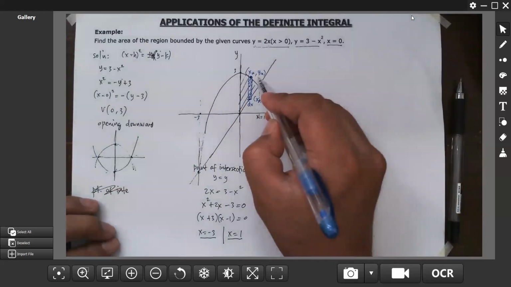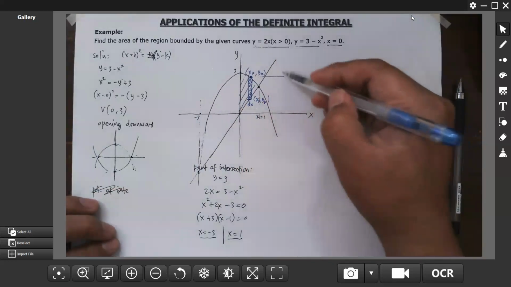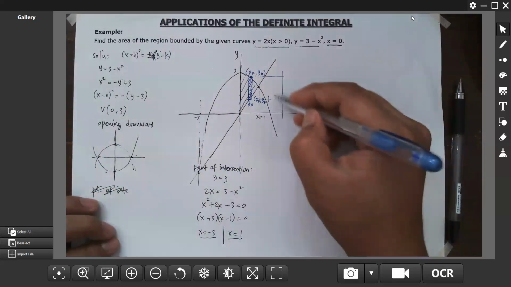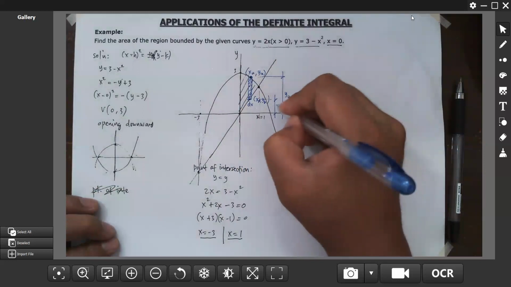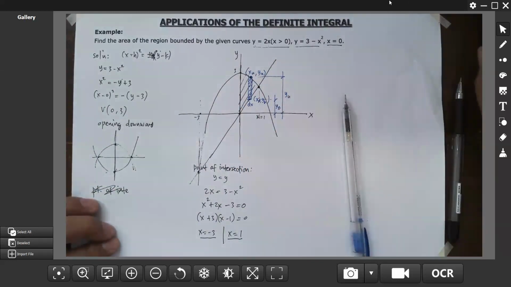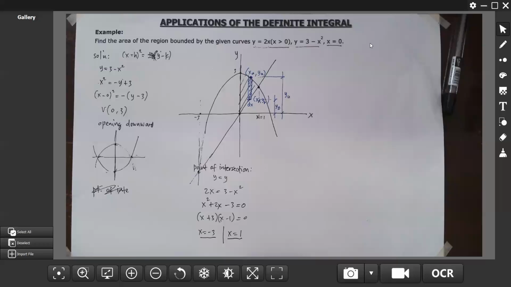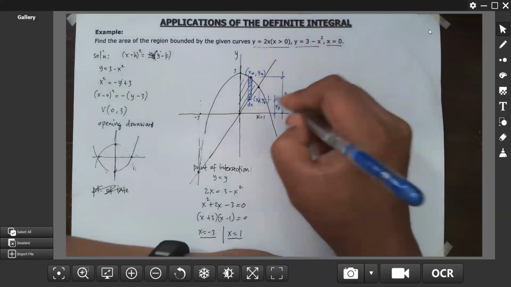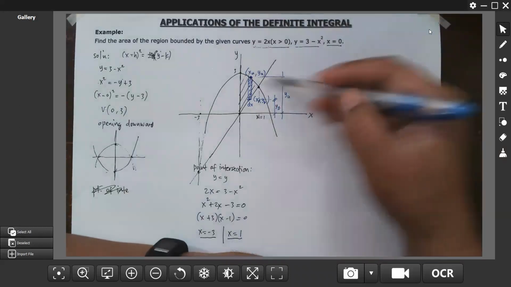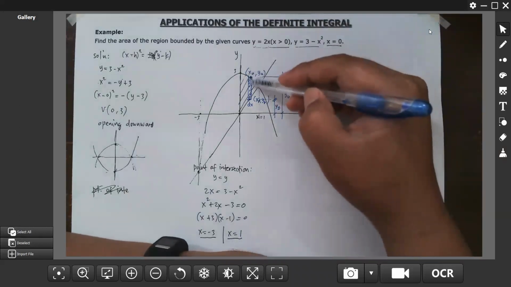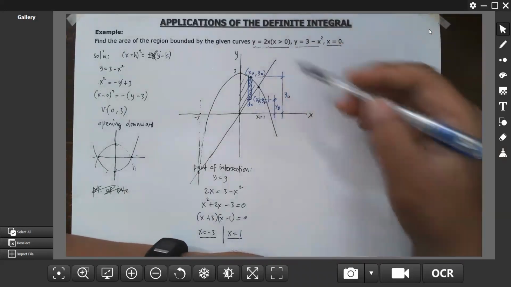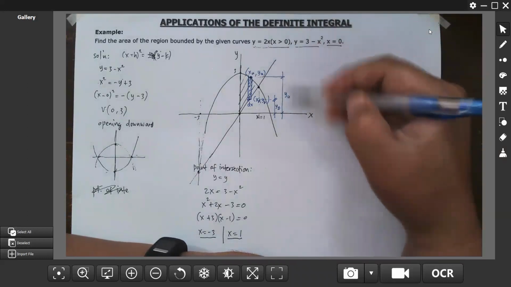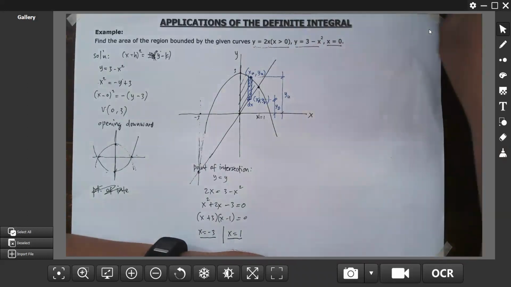So the height of a vertical rectangular strip is y up minus y down, and that's our differential area.